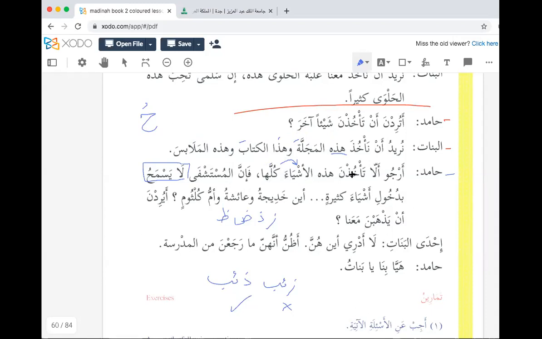Okay, so arju, basically I hope, but you probably translate it as please. Allah ta'khudna.